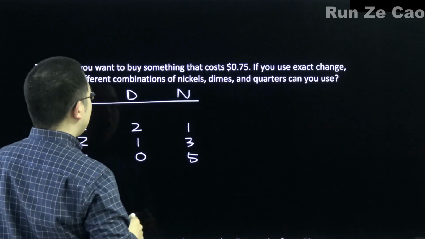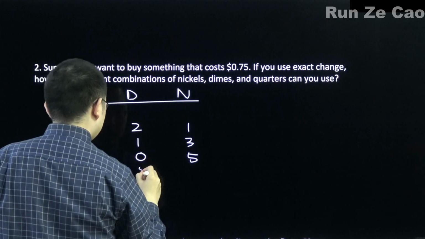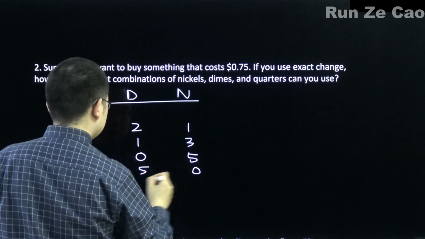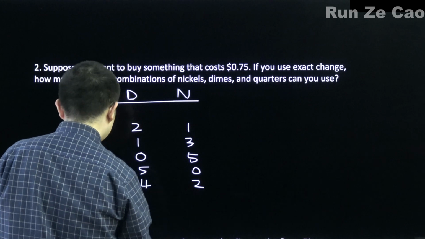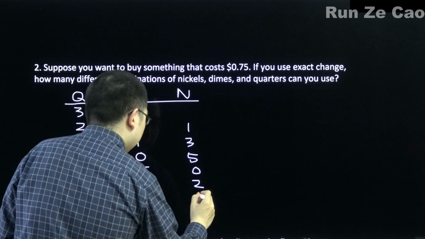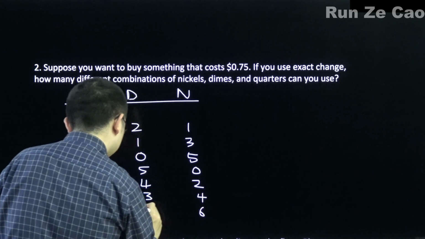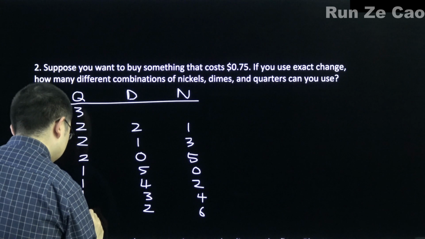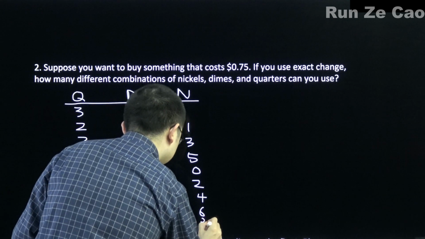And what if you used all dimes for the other 50 cents? Oh, you got 5 dimes, 0 nickels, 1 quarter, 4 dimes, 2 nickels, 1 quarter, 3 dimes, 4 nickels, and of course 1, 2, 6, 1, 1, 8.